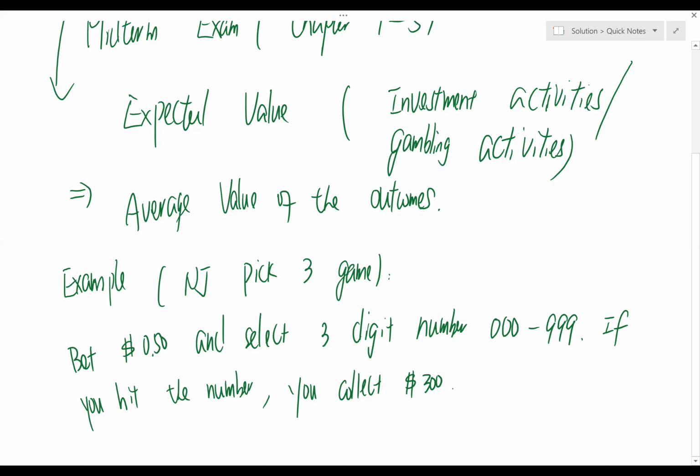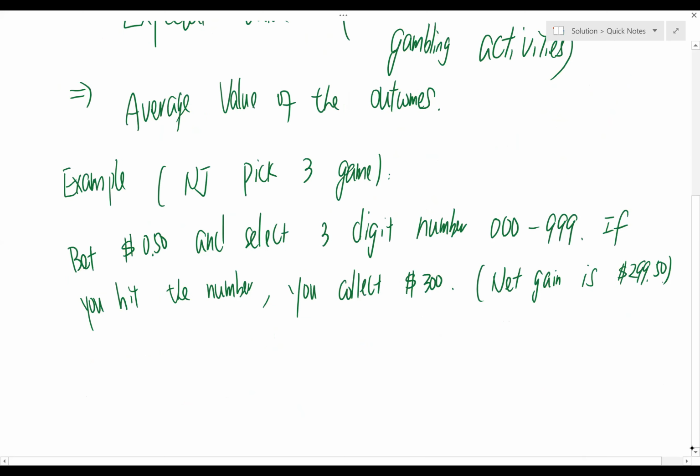And here the hidden information is net gain. Remember you bet 50 cents and the 50 cents is gone, so it should be deducted from the final payout. The $300 payout means the net gain here is $299.50. This is an important piece of information. Keep that in mind.